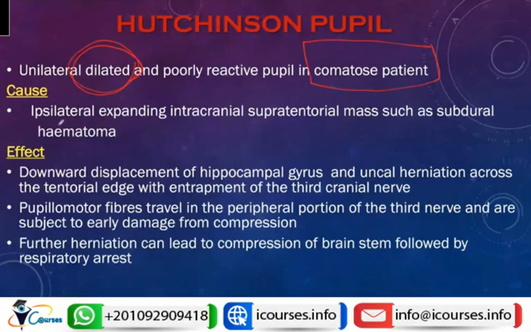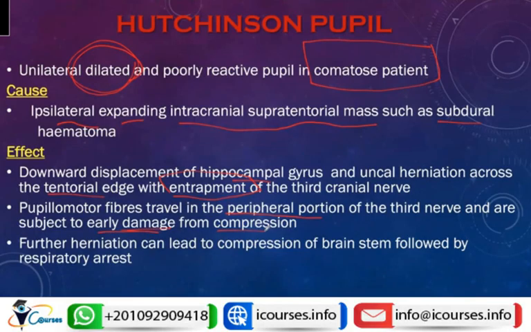So there is an ipsilateral expanding intracranial supratentorial mass, such as a subdural hematoma, that will cause downward displacement of the hippocampus and uncal herniation across the tentorial edge with entrapment of the third nerve. Then the pupillomotor fibers, which travel in the peripheral portion of the third nerve, are subject to early damage from the compression.